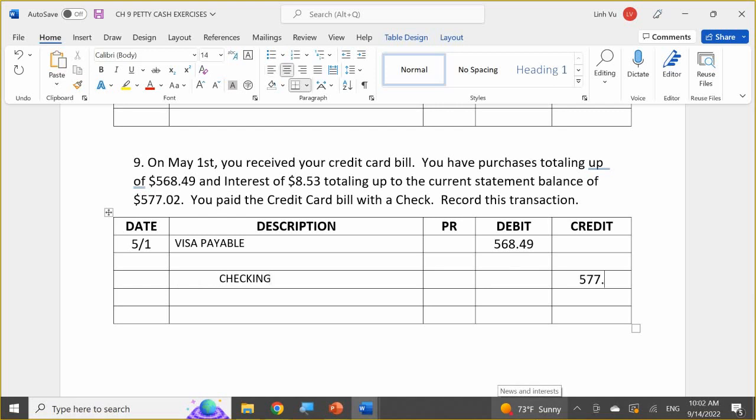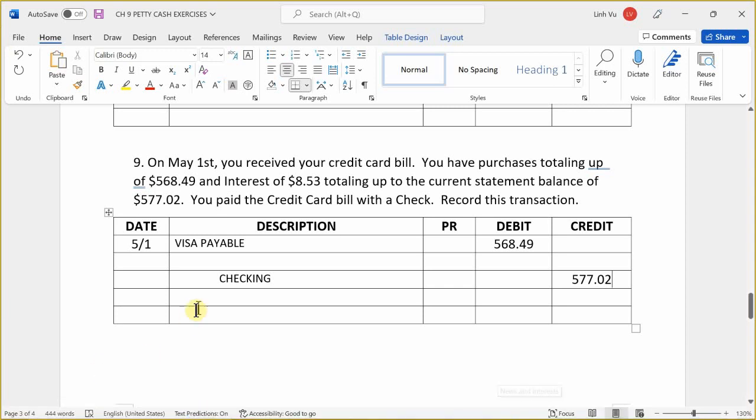$577. So under the Visa payable, you put interest. Yes. So you have to remember, interest is always going to be separate. It's a separate cost of borrowing on a credit card, borrowing a loan too. Anything that you have to pay as extra interest is not paying off what you owe.